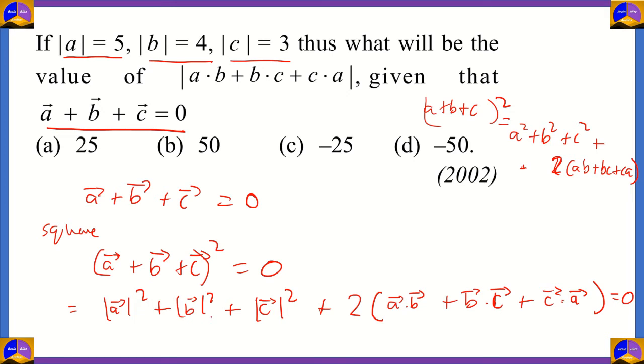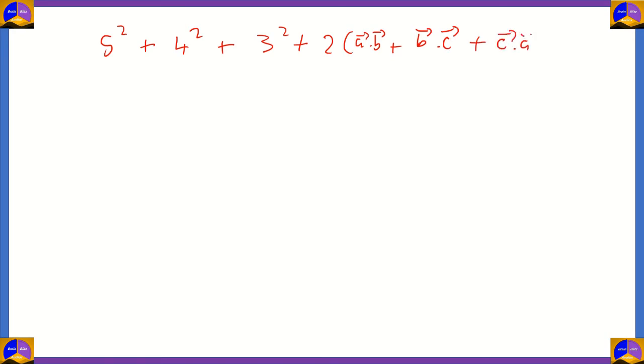So now it's just application of all the values that are given in the question. So modulus of vector A is 5, so you have 5 square. Modulus of vector B is 4, so you have 4 square. Modulus of vector C is 3, so now you have 3 square. And then you have 2 times (vector A dot vector B plus vector B dot vector C plus vector C dot vector A).